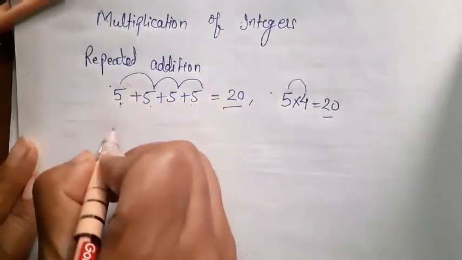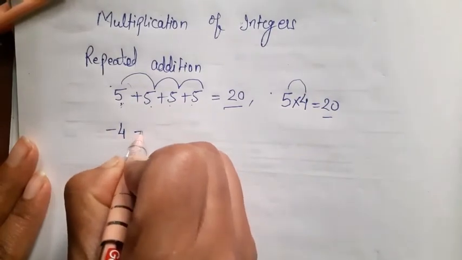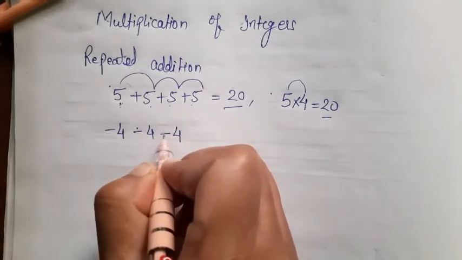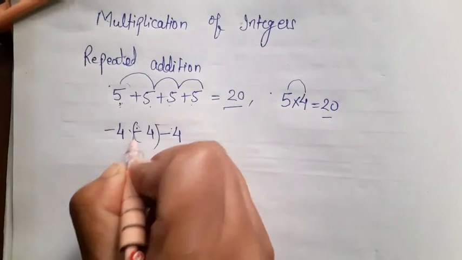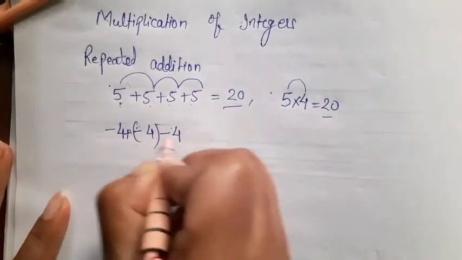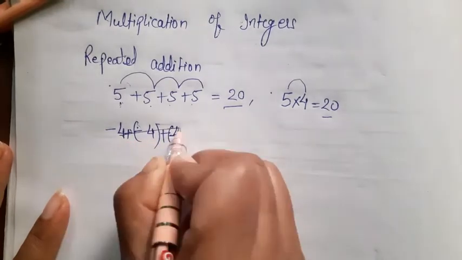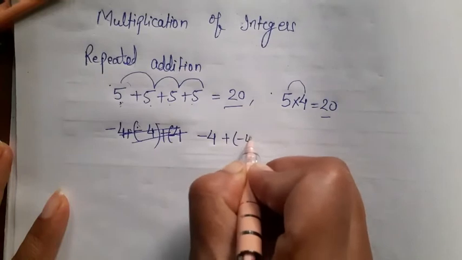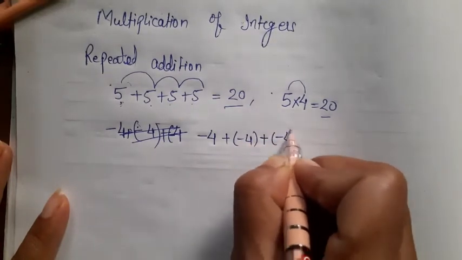If we have negative integers, say minus 4, then minus 4 and minus 4, and when we add them, there is a plus sign between them. Here I write minus 4 plus minus 4 plus minus 4.